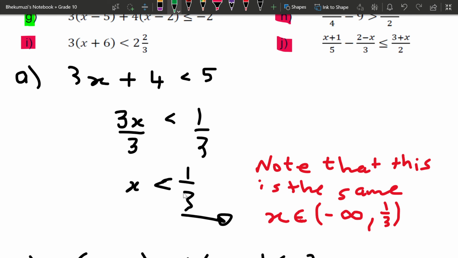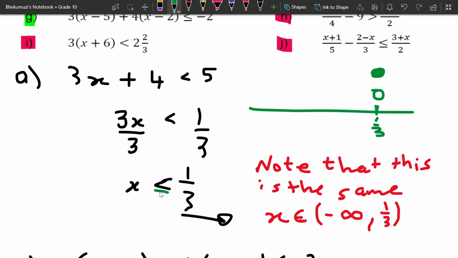So now it says x is less than 1 over 3. But what does this mean in literal fact? If you think of a number line, and you place 1 over 3 here, this literally means that we have an open circle, meaning that it is not included. Included means it's a closed dot, where we have less than or equal to.